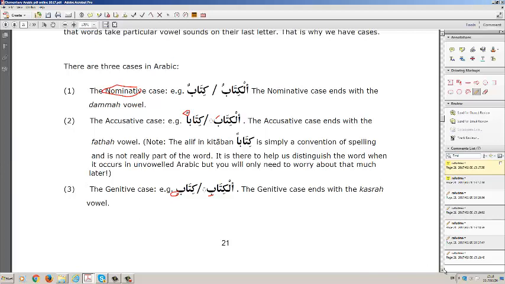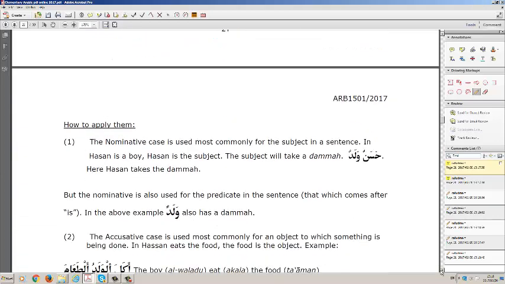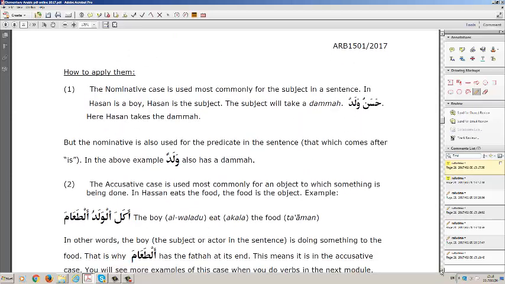So the next question naturally is, what are these particular cases? Let's start with the nominative case. The nominative case is most commonly used for the subject in a sentence. So in a sentence like Hassan is a boy, Hassan is the subject, and the subject always takes the u sound, it takes the dhamma.